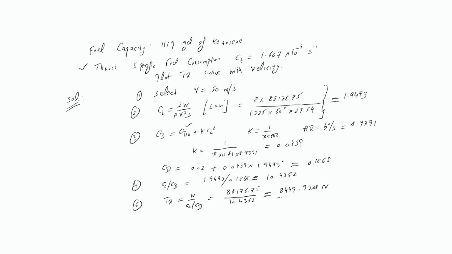So approximately 8,450 newtons of thrust is required if you want to fly at a velocity of 50 meters per second at sea level.